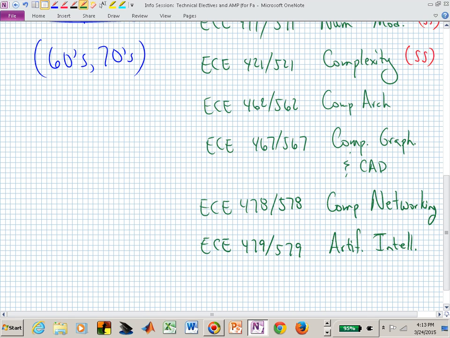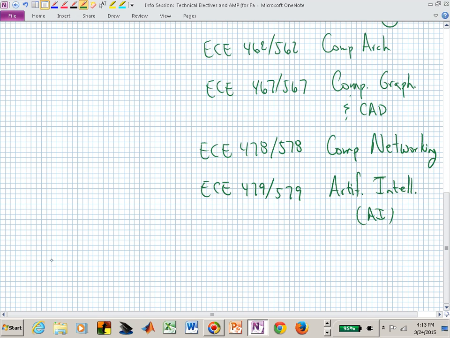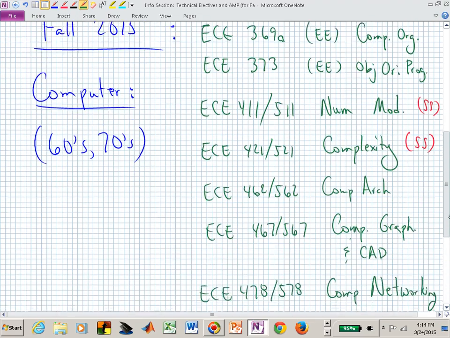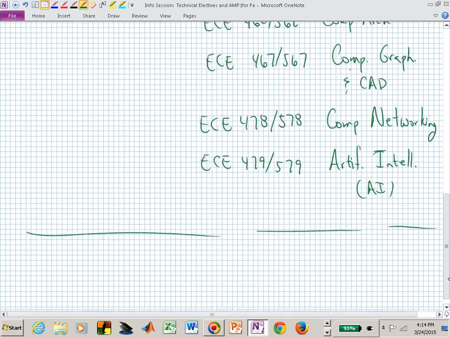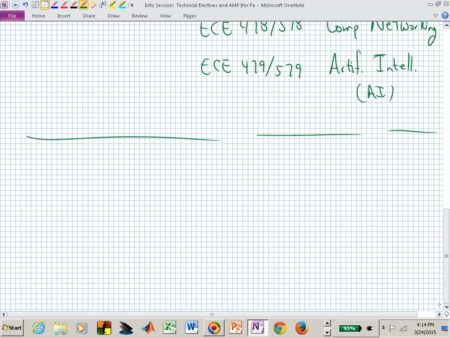And I may abbreviate that AI because we might actually talk about AI2 in a little bit, another class. Not this semester in the fall, but maybe in the spring. That's then what you could possibly take in the computer engineering category.